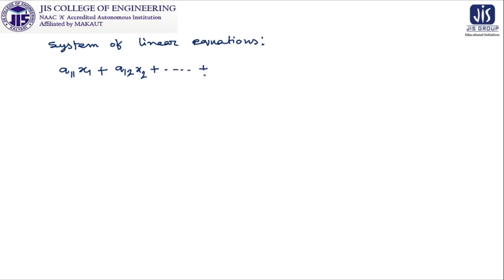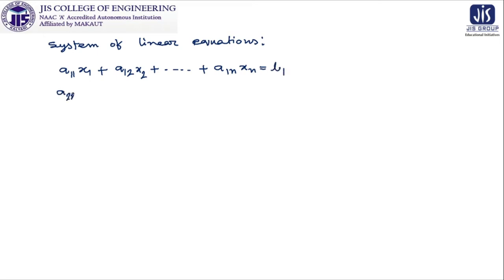So if we are considering the system of linear equations, in that case, what actually are we getting? In general, we can write it as a11x1 plus a12x2 plus, if we continue, suppose I am writing it as a1n xn is equal to b1.